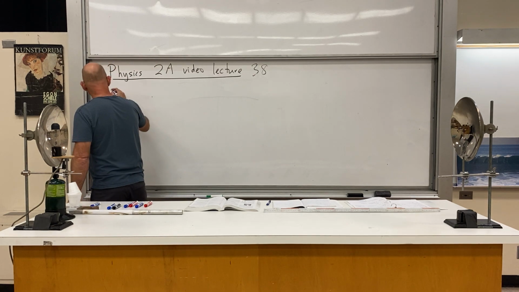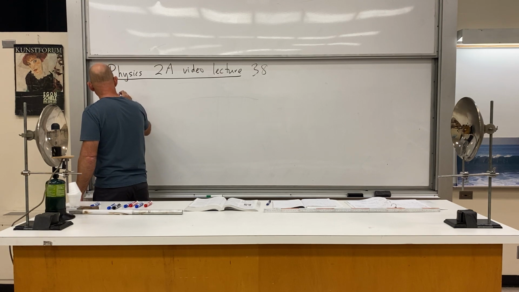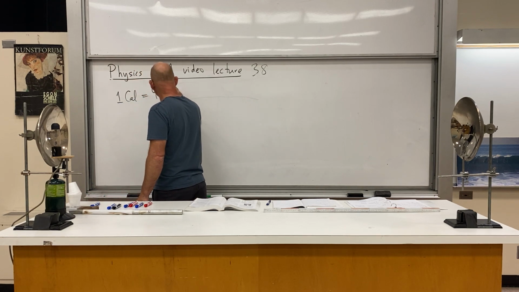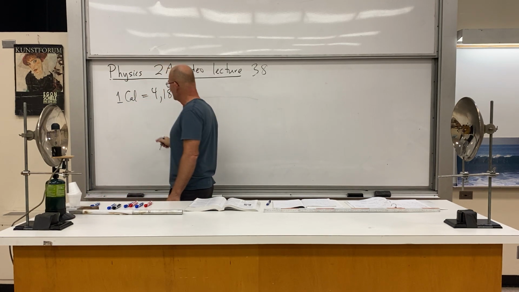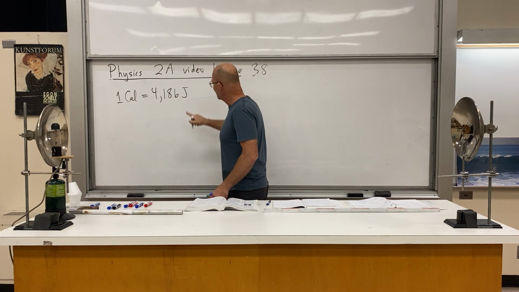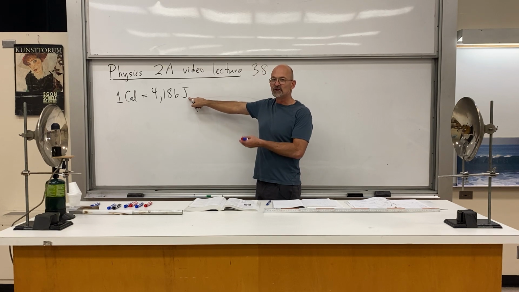So we have learned that there's the mechanical equivalent of heat. 1 calorie equals 4.186 joules. This is the kilocalories, also the food calorie, amount of heat, but we can convert it into the universal energy unit, the joule.